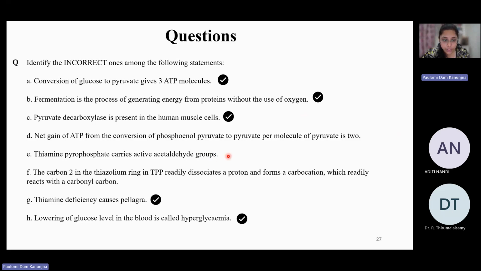So this one is the only correct answer. This F should be carbanion. Sorry, I'm extremely sorry. So this and this are also incorrect. Thanks for pointing that out. So once again, the incorrect answers are A, B, C, D, F because it is carbanion, and G and H. Right? Thank you for pointing that out.